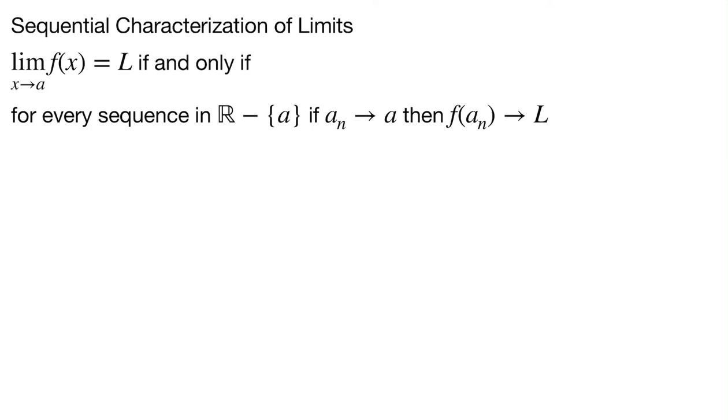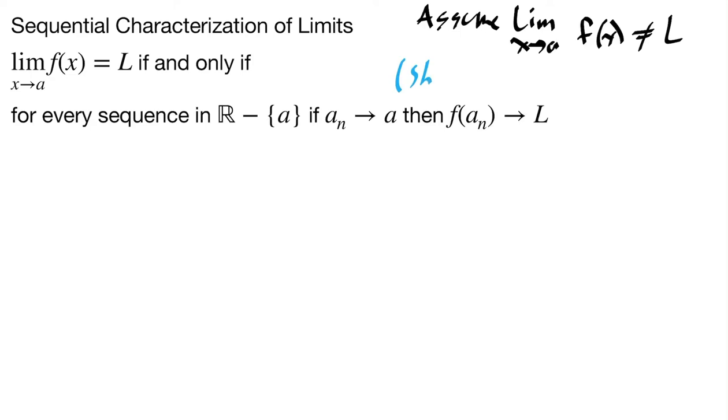We're going to assume that every sequence converges to L, but that the limit isn't L. If the limit isn't L, then we're going to create a sequence that doesn't converge to L. So the big idea is to assume that the limit as x approaches a of f(x) is not L. And here I'll write a subnote: what we'll do is create a sequence that does not converge to L. Once we have this assumption, then we can go about doing this problem.